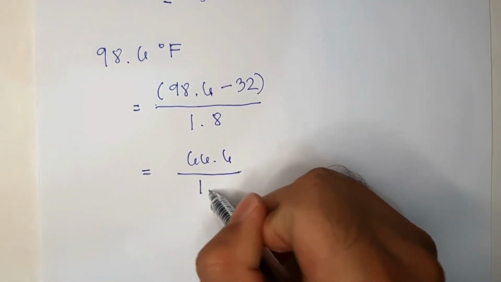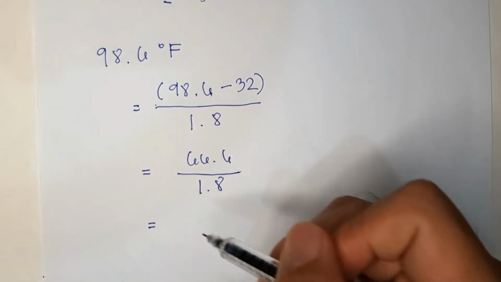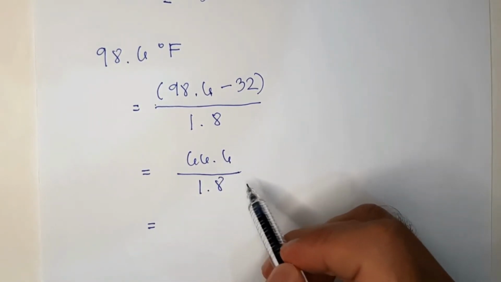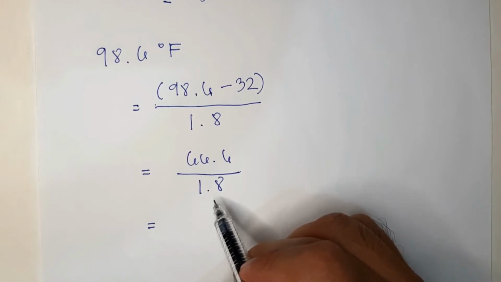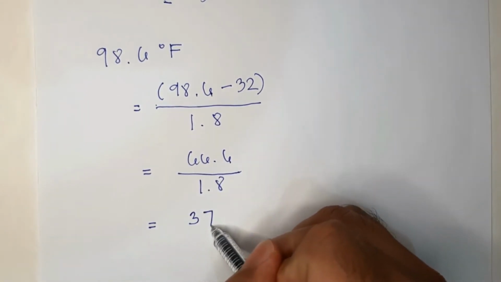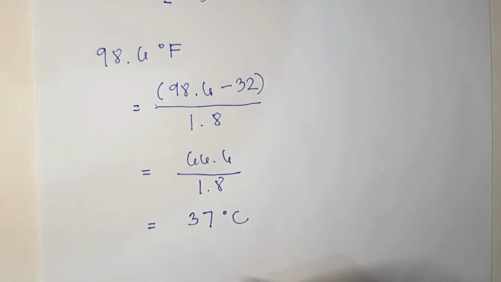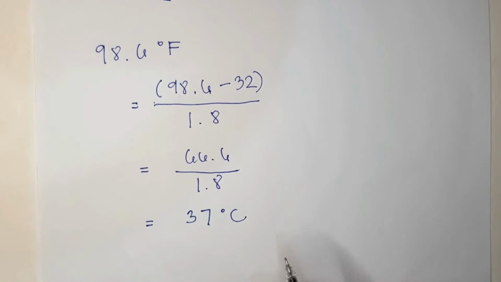All over 1.8. So 66.6 over 1.8 is equal to 37 degrees Celsius. So we go on to our last example.